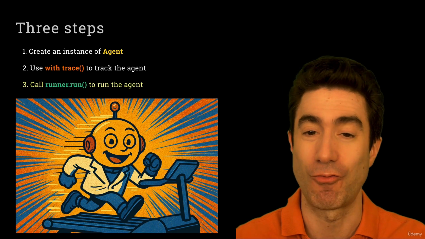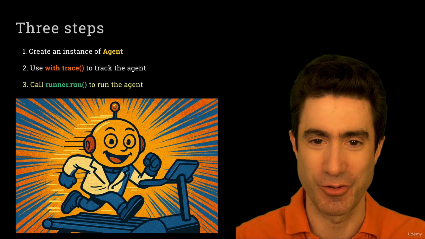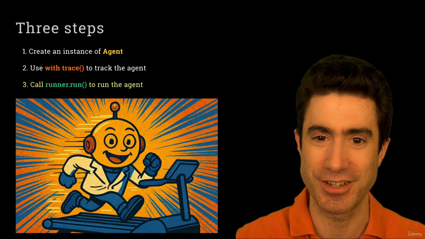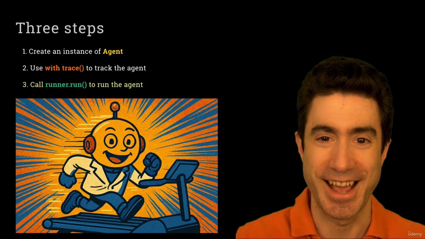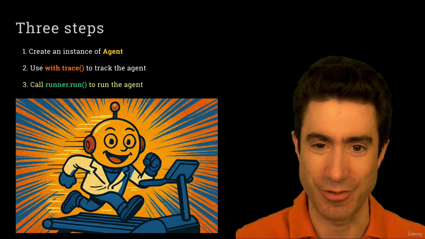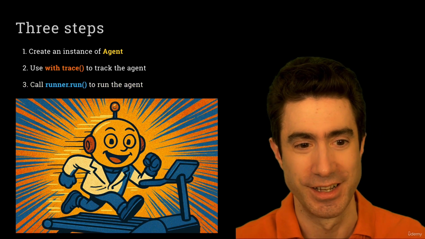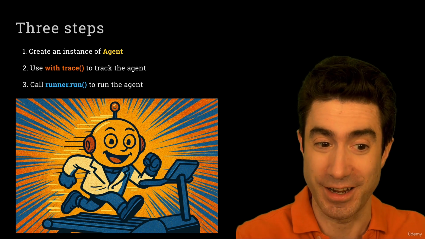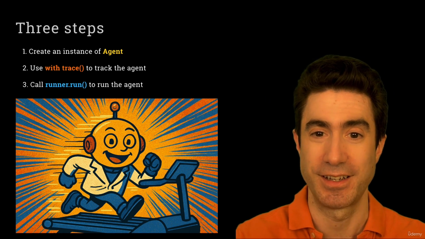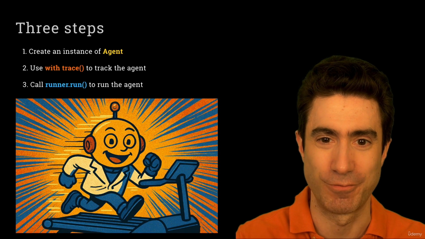And runner.run is the thing that will actually run the agent, as you will see. And runner.run, the thing that actually runs the agent, is, of course, an async function, or I should say it's a coroutine. And so as a result, it's something that we will need to await in order to get it to actually run. So we are going to need to do something that's going to look like await runner.run. And these are the 3 steps. And without further ado, let's go and do those 3 steps right now.